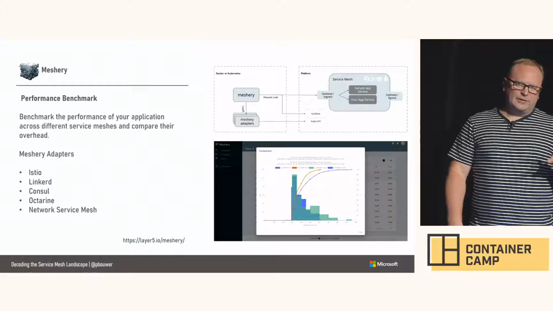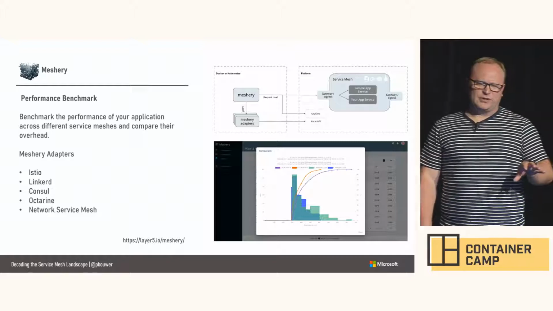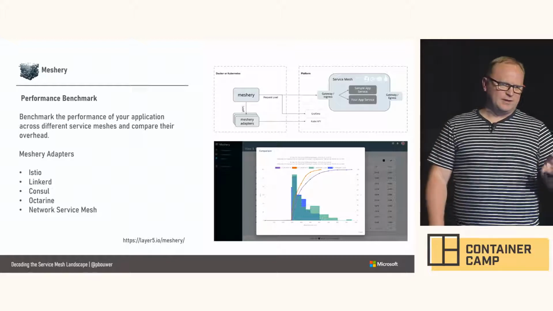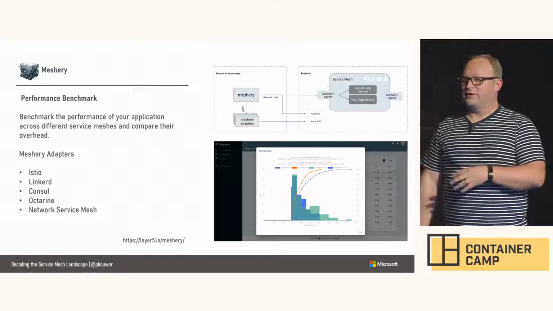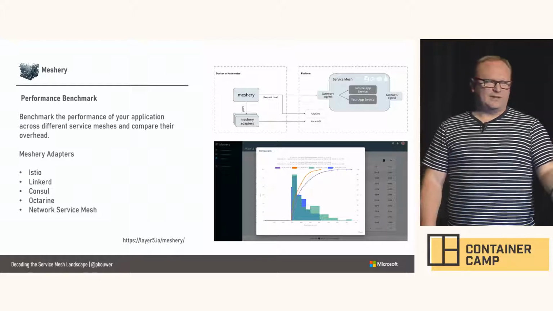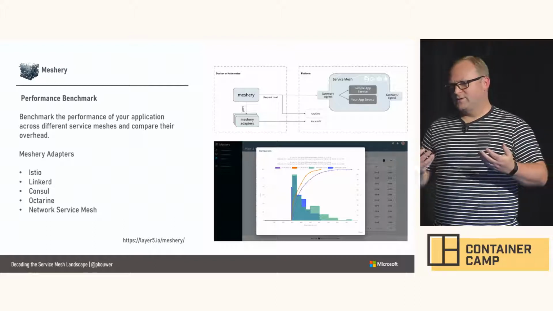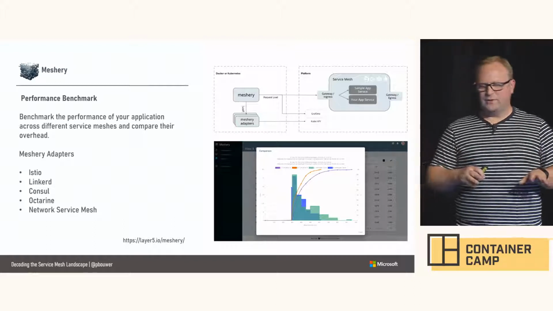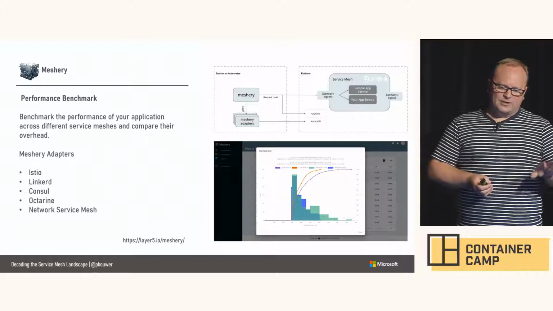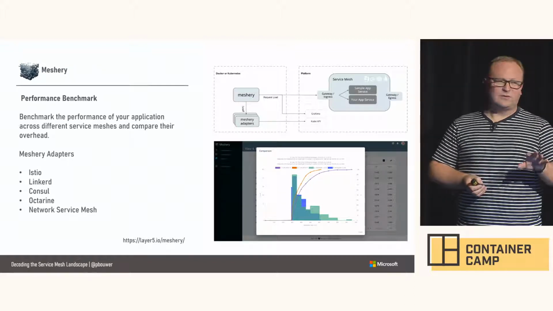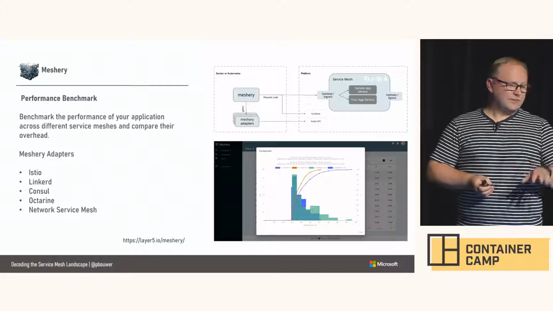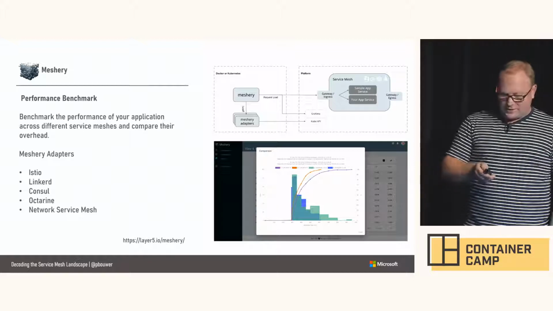He's built this thing called Meshery, which allows you to start doing some basic performance benchmarking within your own cluster. So you can actually use their CLI, inject this into your cluster, and it will actually start pulling metrics. It's fairly simple at the moment, but it's a good start, and it's a community effort. If you're interested in this aspect of service meshes, I would participate.